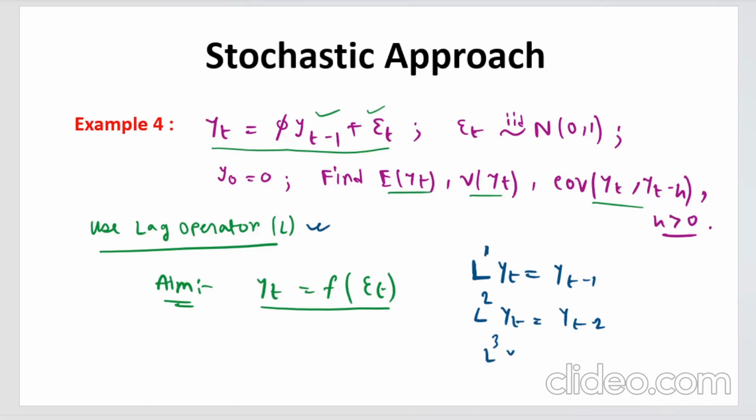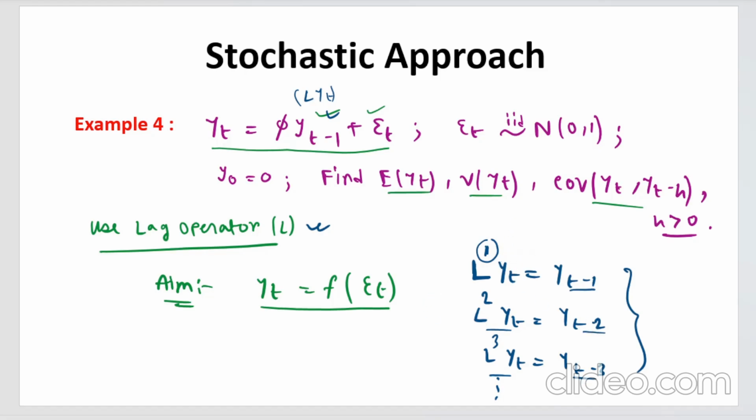If you write lag cube yt, it means yt minus 3, so on and so forth. So what you see here is that the degree of lag determines the period of the lag term. This is something very useful in solving this kind of question.